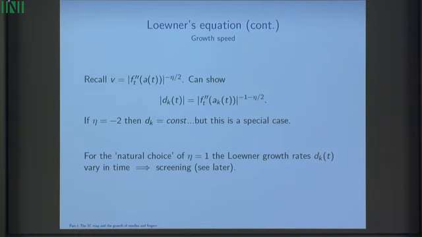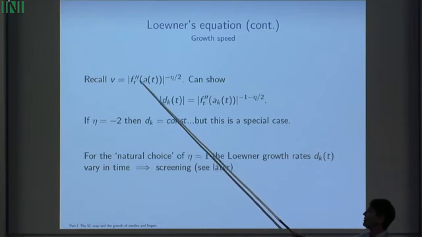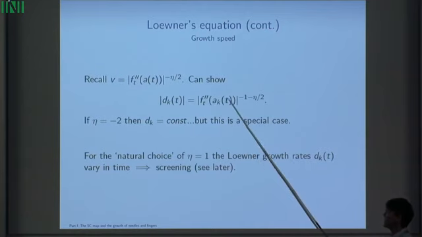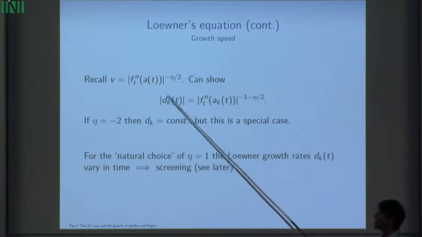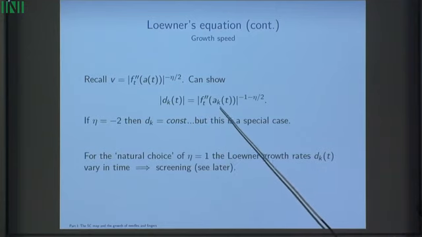So this was the velocity. Recall that from the previous overhead. And you can show that it's related to these constants that occur in Loewner's equation via this particular expression. So if we know the velocity, we know this map, then we can use Loewner's equation to evolve these fingers.